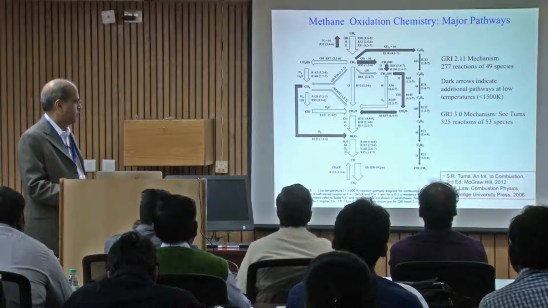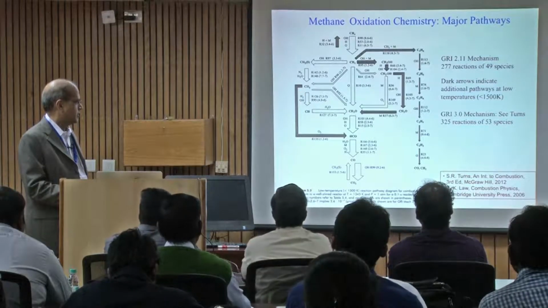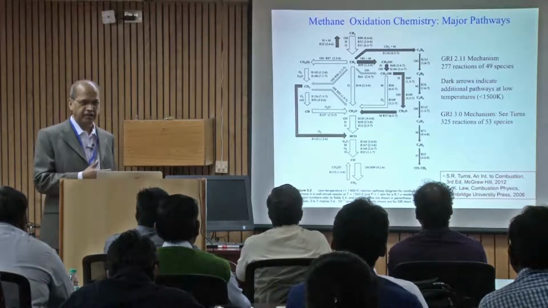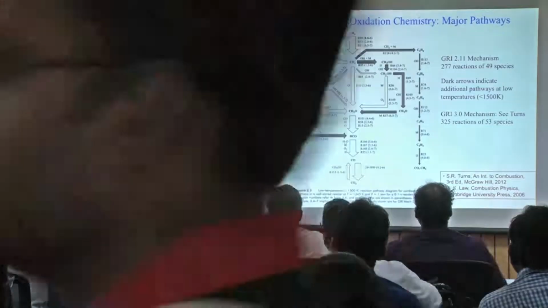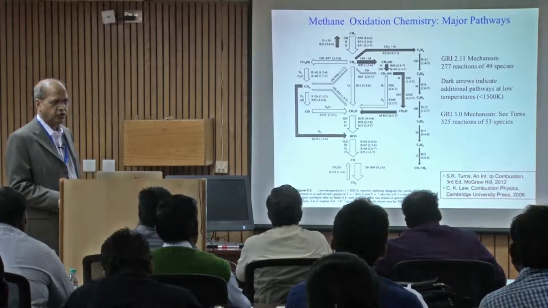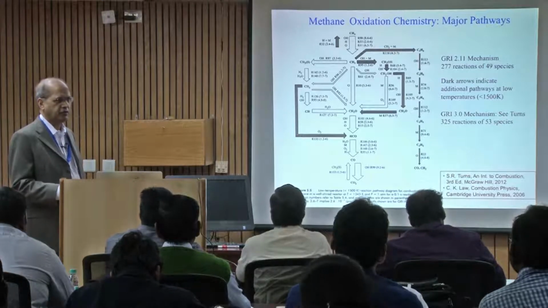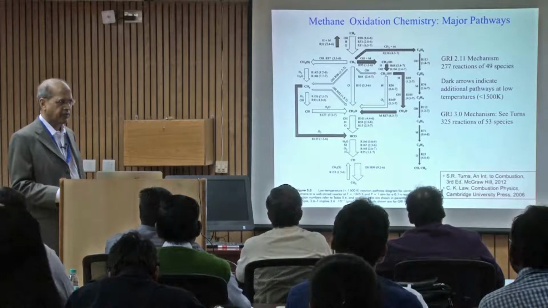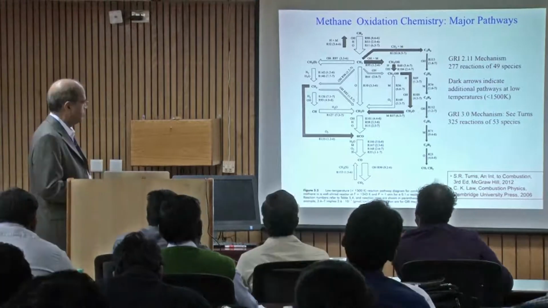When they do the reduced mechanisms, as we were discussing yesterday, the full mechanism has 277 or 325 reactions. Reduced mechanisms, in the 80s and 90s, were two-step, 4-step, 8-step mechanisms. There were 3 paths.